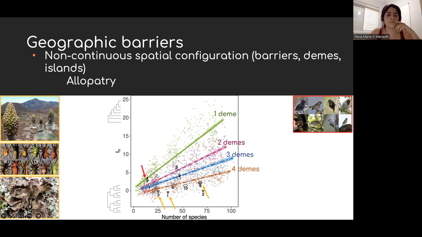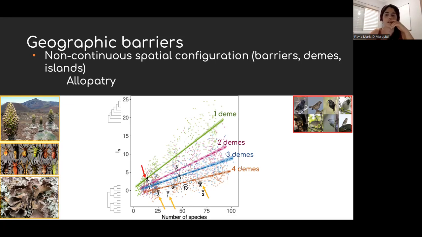So these are the silversword alliance plants, these are the Tetragnatha spiders, and these are the Sticta lichens.